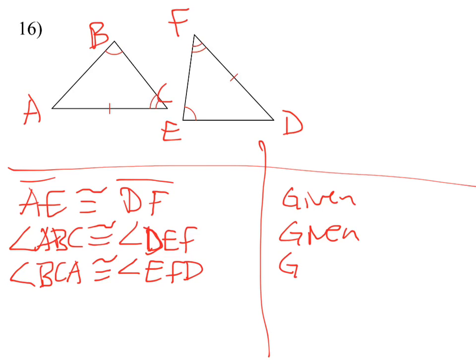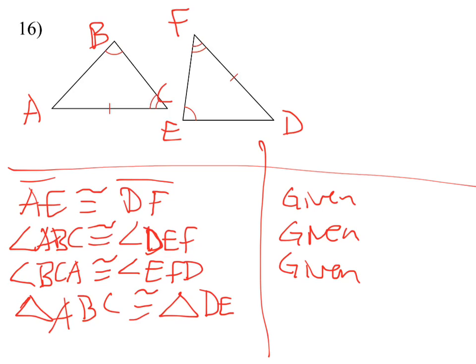It's a given. And we have angle side for both of our triangles. So those two triangles, ABC and triangle DEF, are congruent by angle side. And there you go.